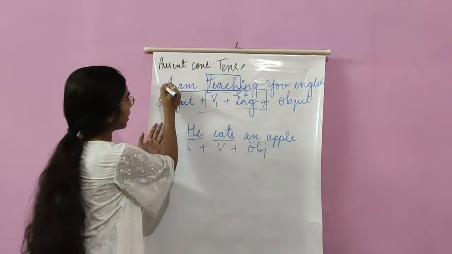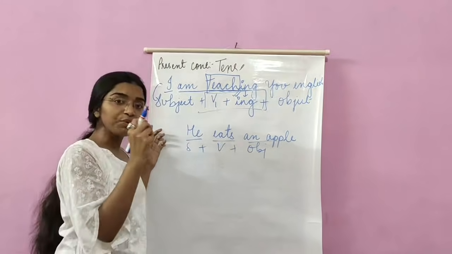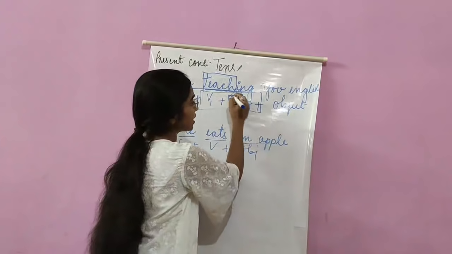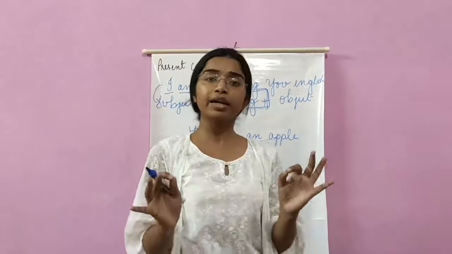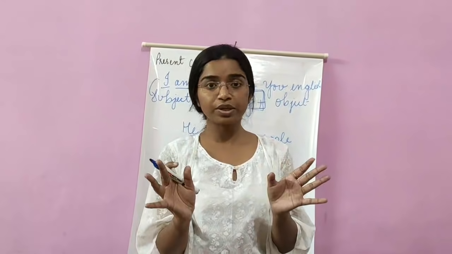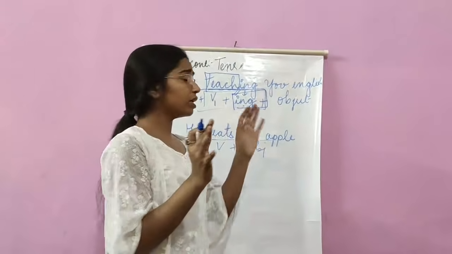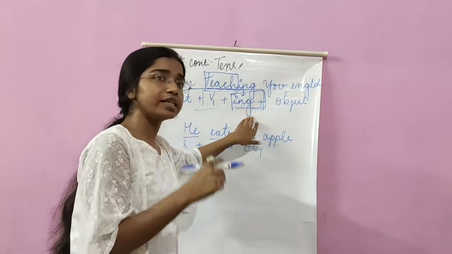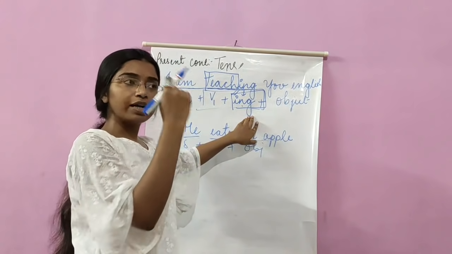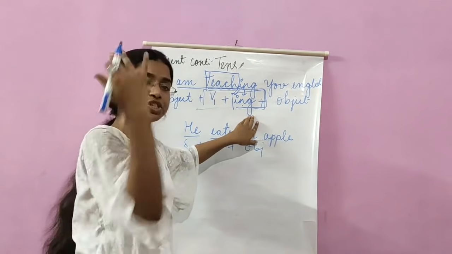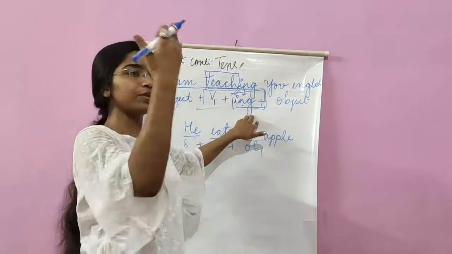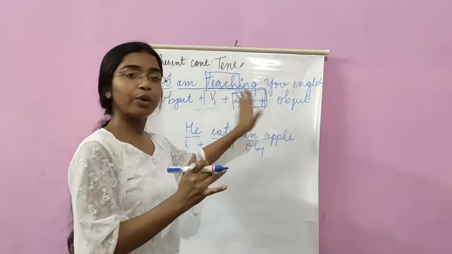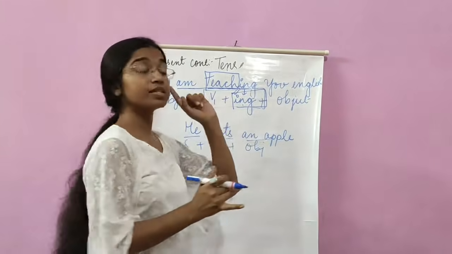That is the reason when I derived the structure of a continuous sentence, I have written ing separately, so as to emphasize that no matter what the tense is, if it is a continuous sentence, whether it is present continuous or past continuous or future continuous, it doesn't matter. You will have one ing in that. Continuous means ing is a must.